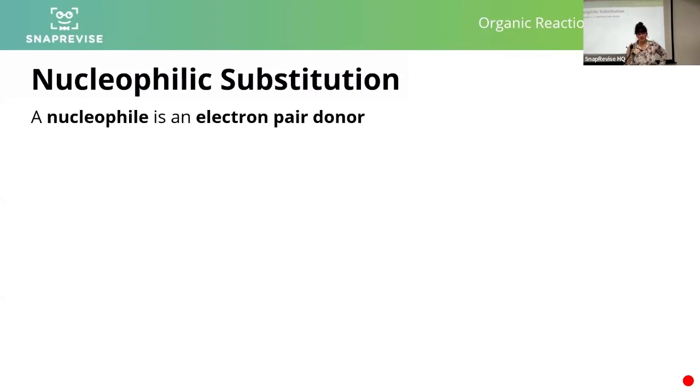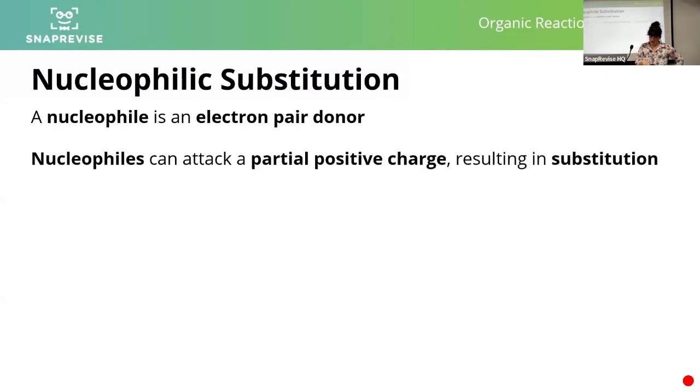So a nucleophile is an electron pair donor. That's kind of my thought process in it. Nucleophiles can attack a partial positive charge or a fully positive charge, if needs be, resulting in substitution occurring.